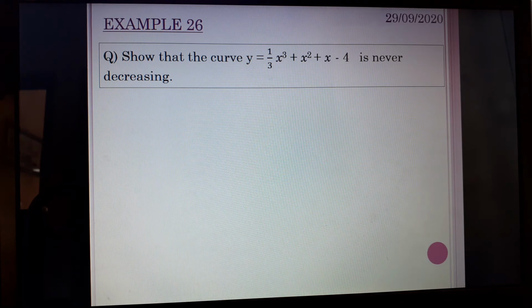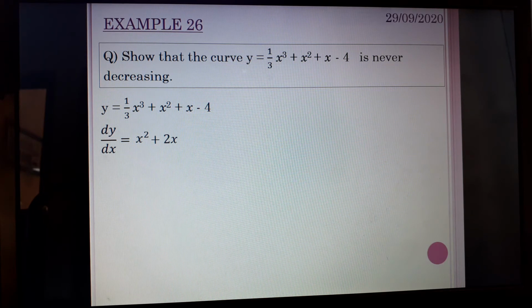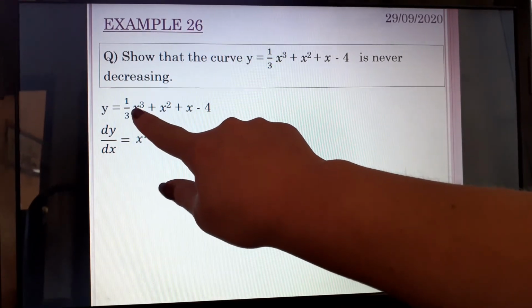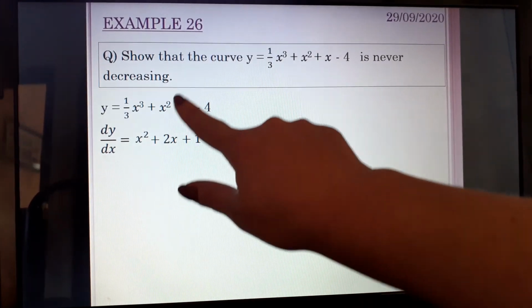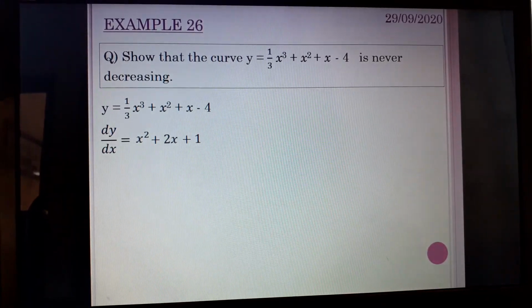So let's just start to find what dy by dx is and see where it takes us. So let's do dy by dx, multiply by the power. Now 3 times a third is just 1, so that's why it's a 1x squared, which is just an x squared, plus a 2x, plus a 1, and the -4 will disappear. And just notice when you are doing this, every power that we have here becomes 1 power less. And that's like an x to the power of 0 in that one.